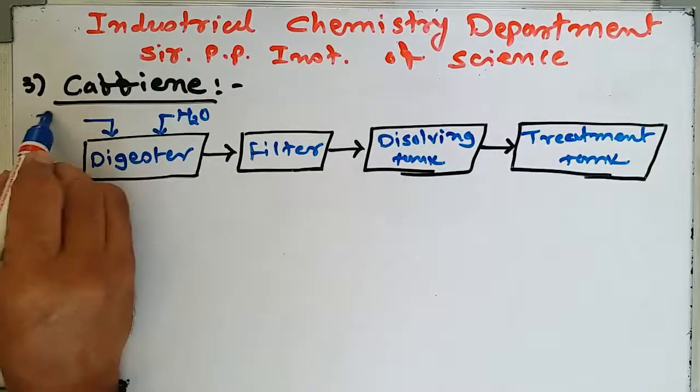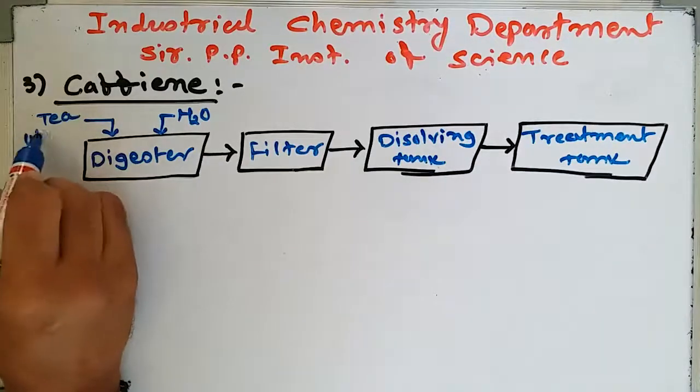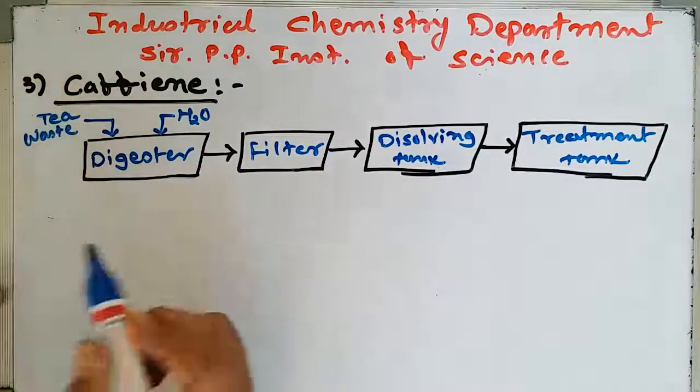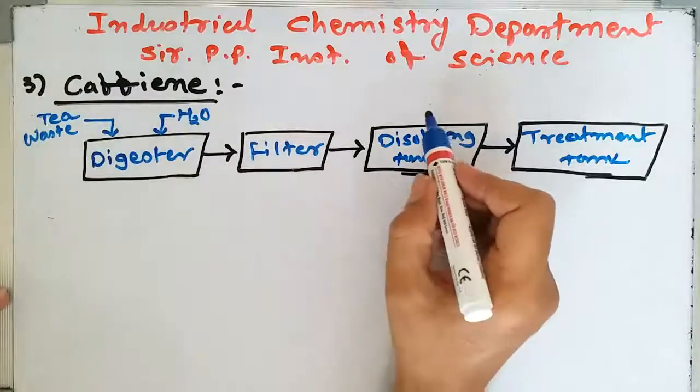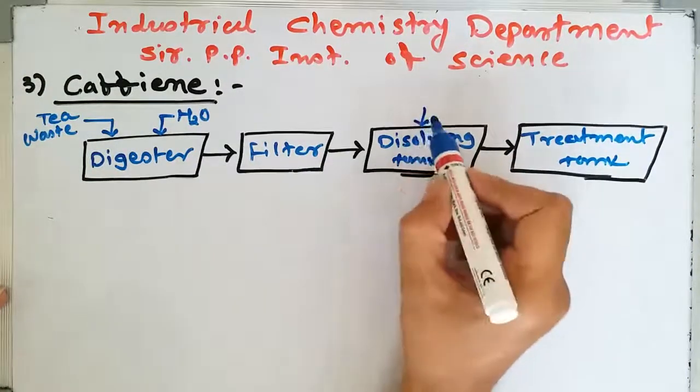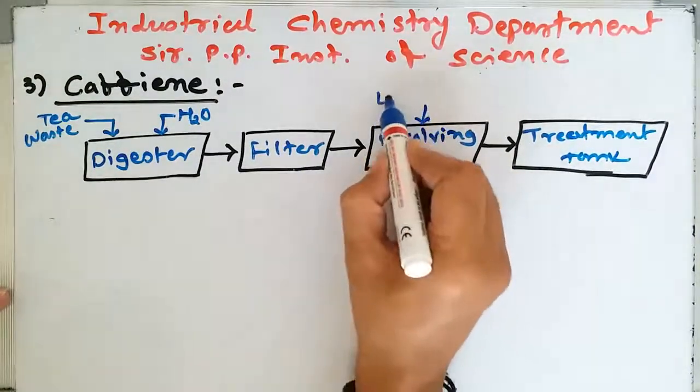Water and tea waste go in, then the filter and dissolving tank, where we add lead acetate.